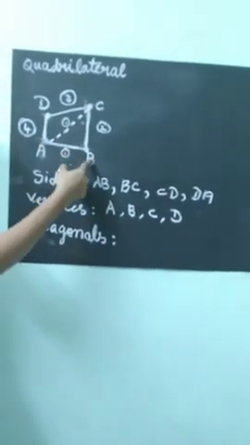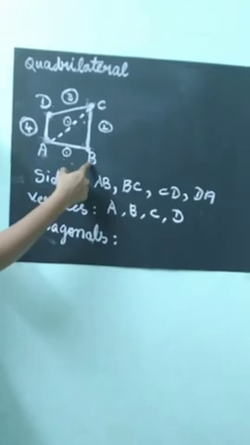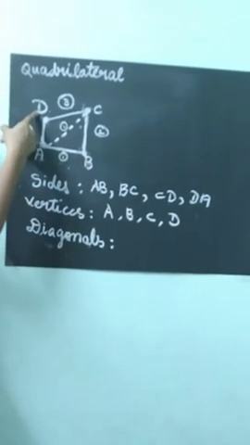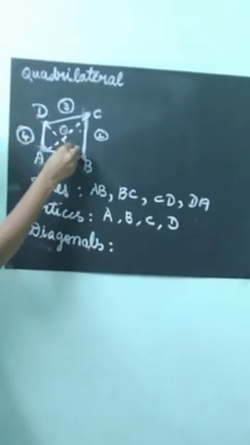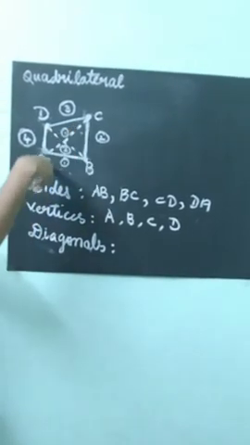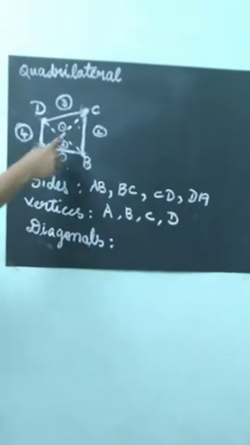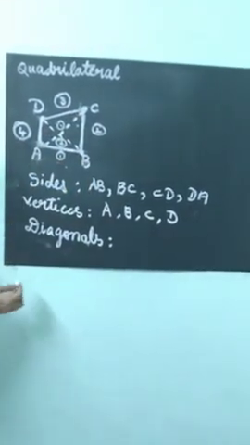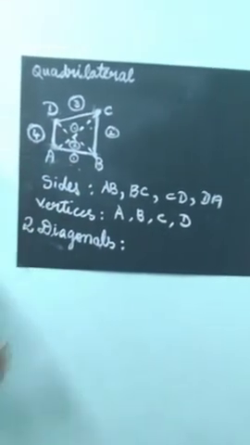Now I take vertex B. What is the opposite of B? D. So I join B and D, and this is another diagonal. So in this quadrilateral, how many diagonals are there? 2 diagonals.